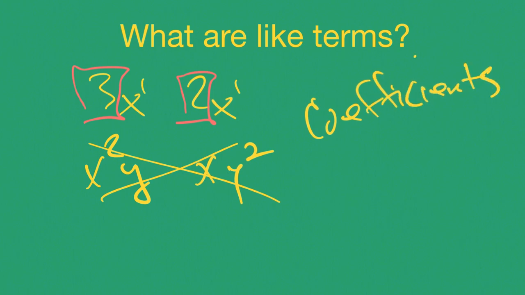So that big 3, any big number in front of a variable, is technically called a coefficient. And again, a lot of math is vocabulary, guys. If we can get used to the vocabulary, we can understand what they're talking about. But I refer to those a lot of times as big numbers, but those are coefficients. Exponents are those little bitty numbers to the upper right of any variable, any number, okay?